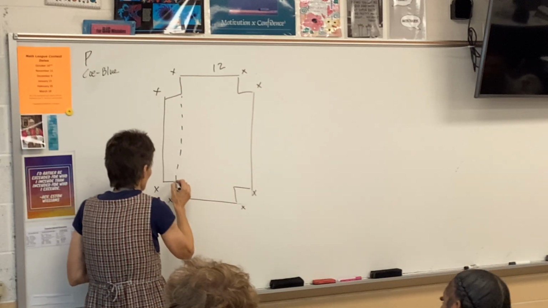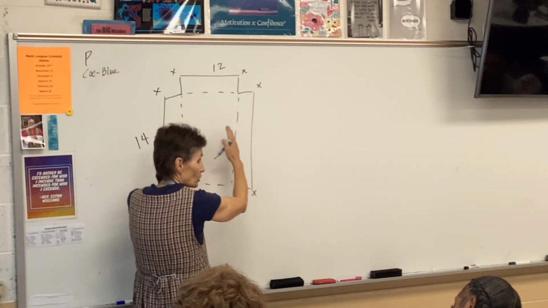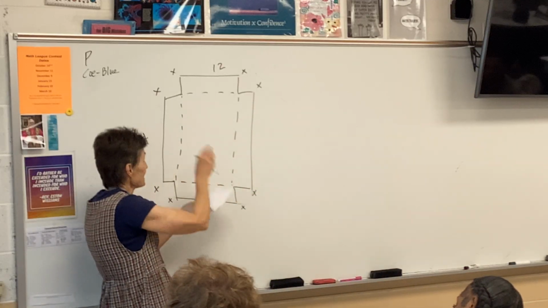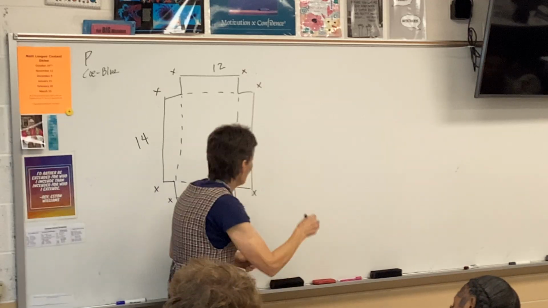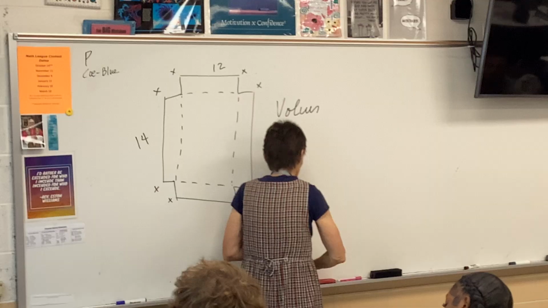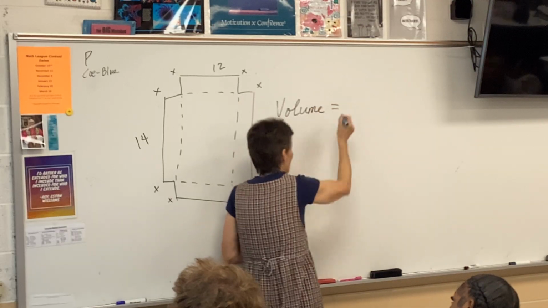So here are the folds. So you have to visualize it. I've got a visual right here for you. You see that up here? I want the volume of the box.